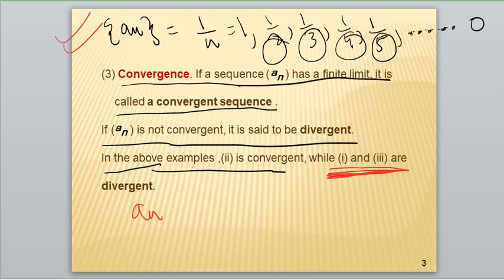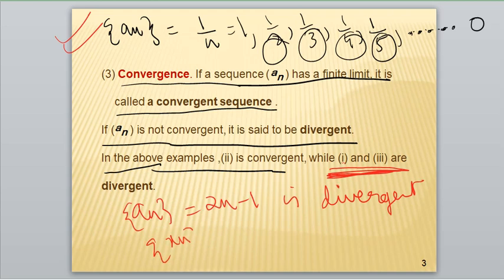So that means a_n, which is equal to 2n minus 1, is divergent. And x_n, suppose, which is equal to (-1)^(n-1), is also divergent.